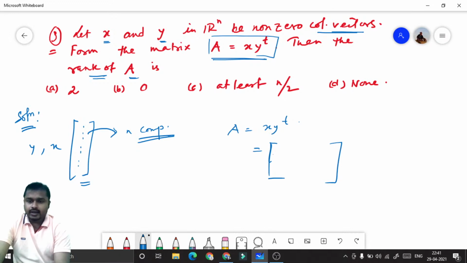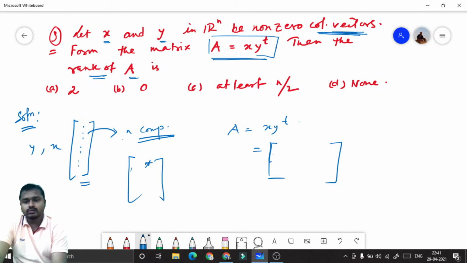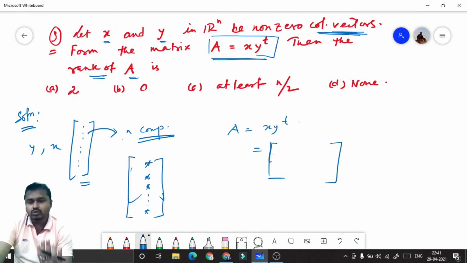So look at, x is a non-zero column vector. So here is an entity, and so on up to n components. If you simply go with row reduction or similarity transformation, then you will be left with only one linearly independent row.